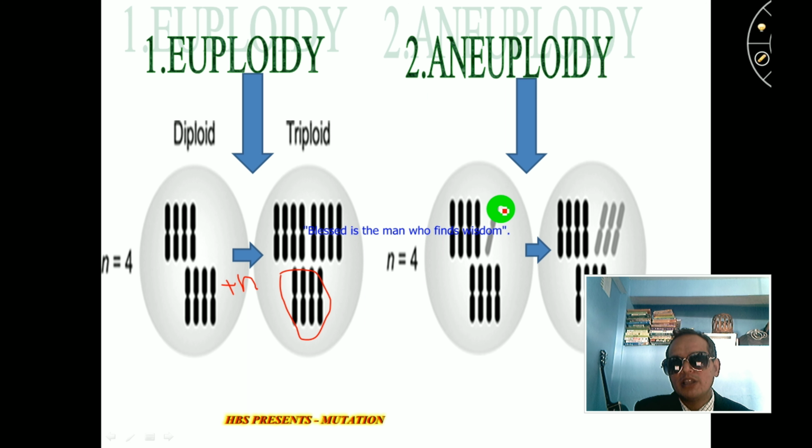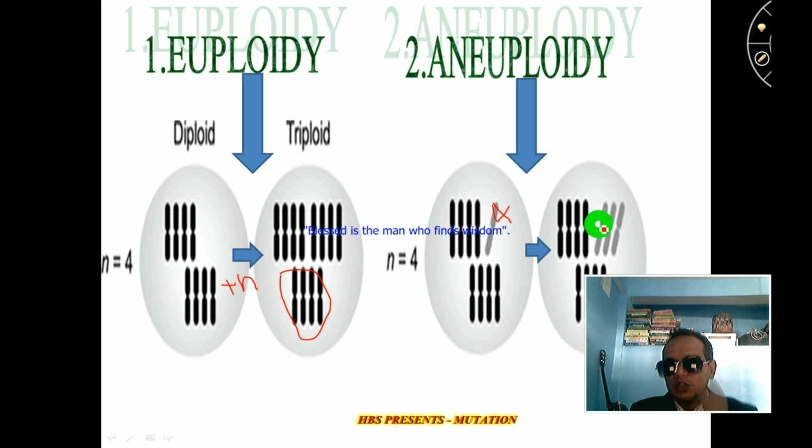Look at here, in aneuploidy. Please don't include this one. Okay, we have 8 chromosomes. This is a normal cell, but after the mutation there are 3 extra chromosomes, not 4. If 4 extra chromosomes get added here, then it will be like polyploidy, but not 4. Half of this chromosome number is 4.